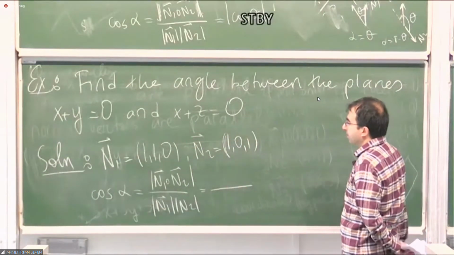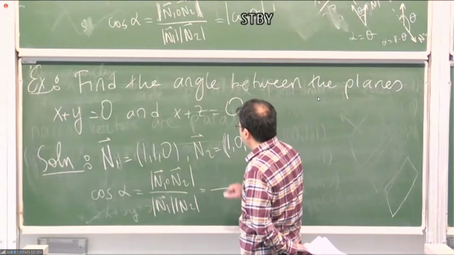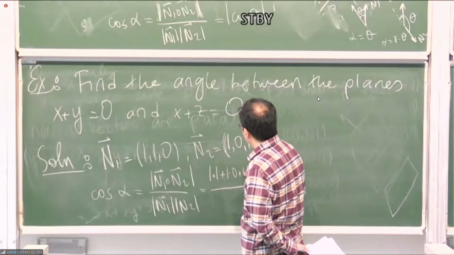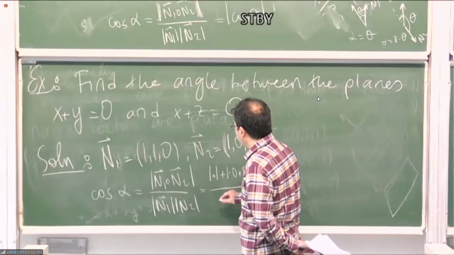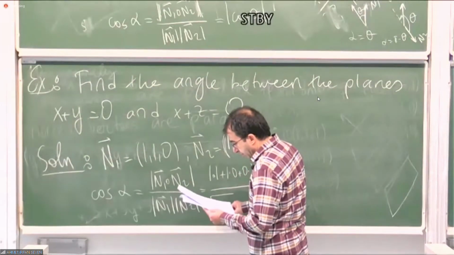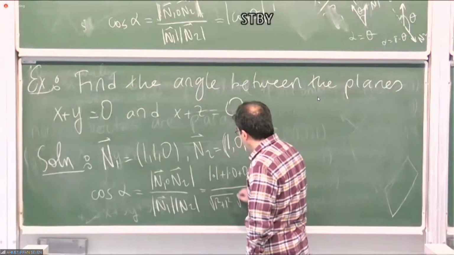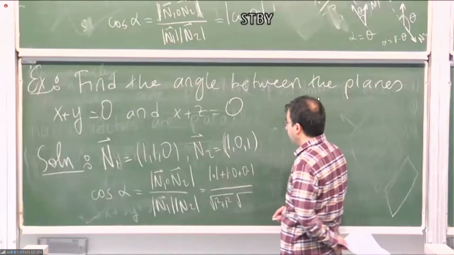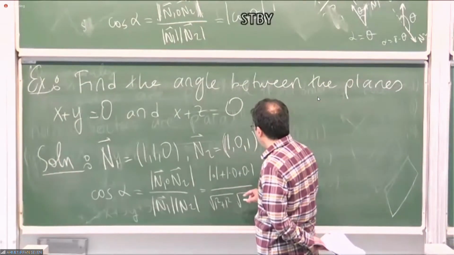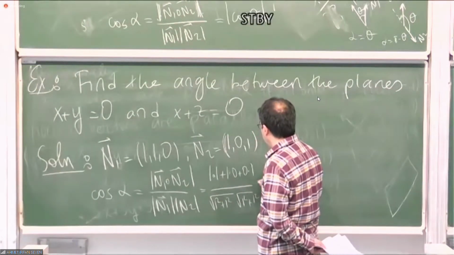All right, let's find the product. So 1 times 1 plus 1 times 0 plus 0 times 1, divided by the length of N1, which is 1 squared plus 1 squared, times the length of N2, 1 squared plus 1 squared here.